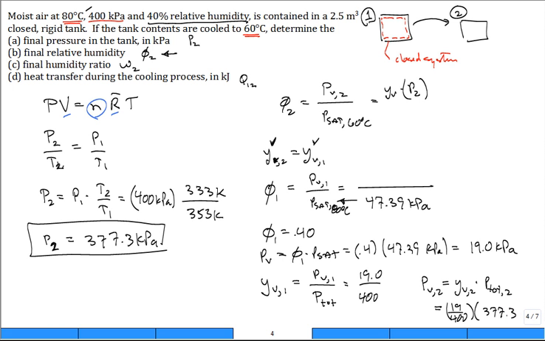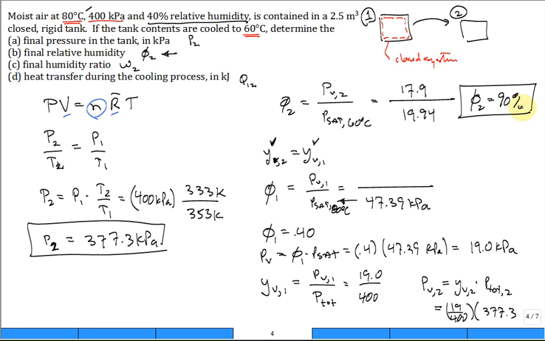So we find the partial pressure of the vapor at state 2 to be 17.9. And we compare that to the saturation pressure at 60 degrees C, which is 19.94. And we get phi2 is equal to right at 90% relative humidity.